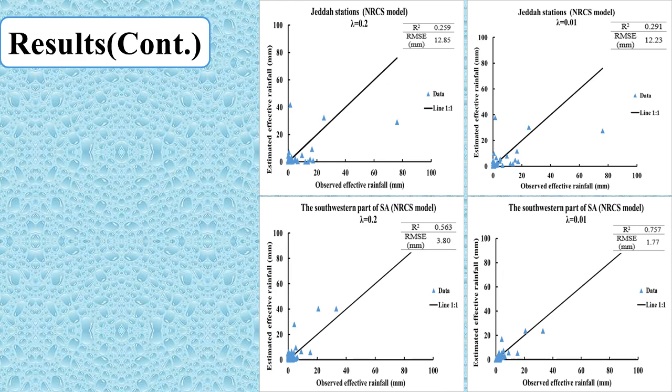When we did a more quantitative assessment of the results, this is for Jeddah at different lambda, 0.2 and 0.01, and this is for the southwestern part, also for lambda 0.2 and 0.01. Looking at this, you don't see a quite strong difference, although lambda 0.01 still gives the least root mean square error and the highest R square compared with lambda 0.2.